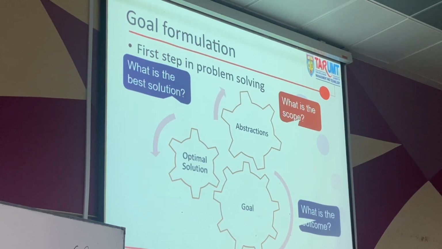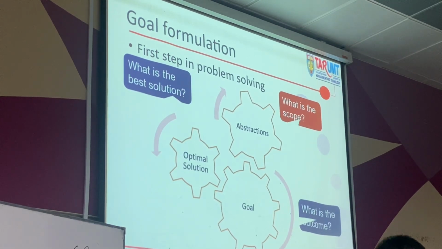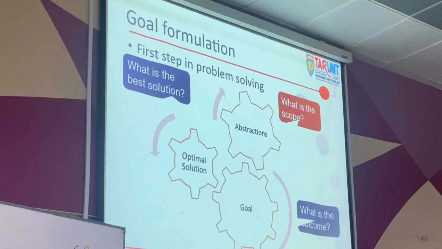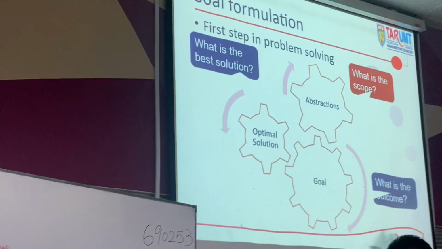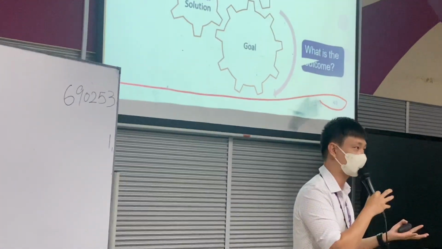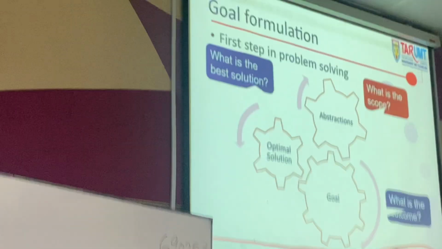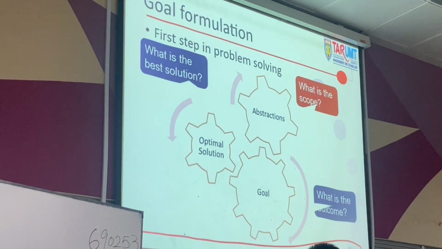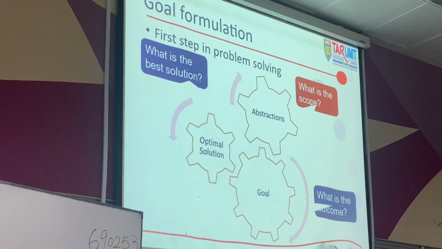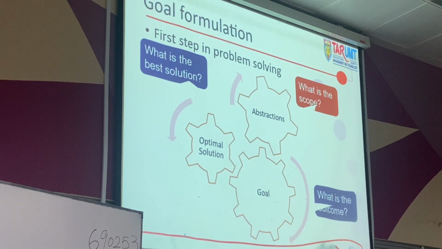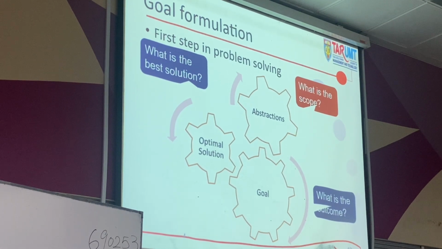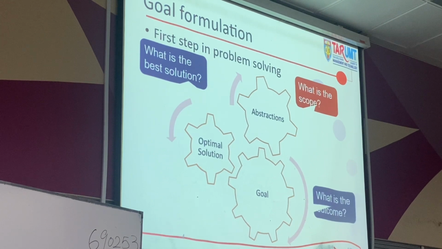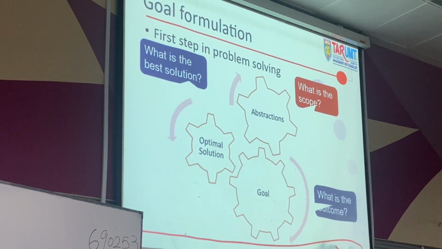You can say that the abstraction here is we will ignore the time taken, so that you don't have so much information for the search to do its task. You remove this unwanted information. I don't care about the time taken. I don't care about the toll amount. I just want to reach the destination in the least distance. That's it. This is my optimal solution. So what is my abstraction? It's the scope. Is that clear?